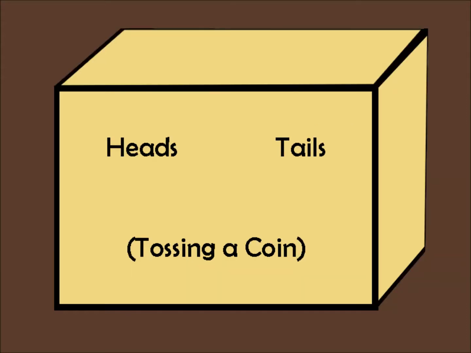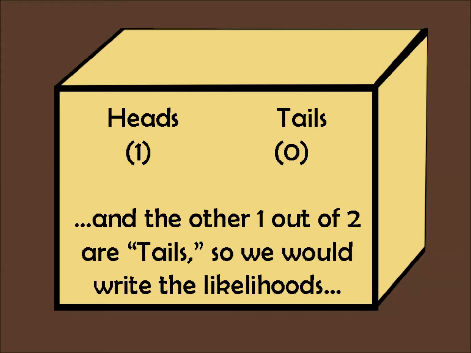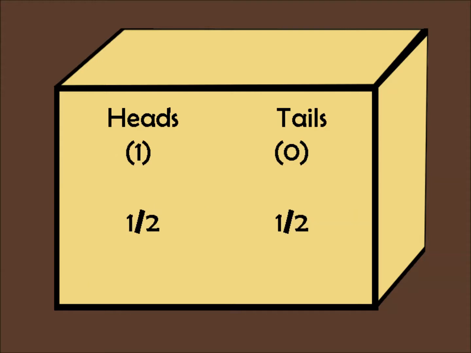So, in tossing a coin, if we're tallying heads, one result out of the 2 results possible are heads, and the other 1 out of 2 are tails. So we would write these fractions for the likelihoods. 1/2 for the heads and 1/2 for the tails. So that's 1 out of 2 results are heads and 1 out of 2 results are tails.